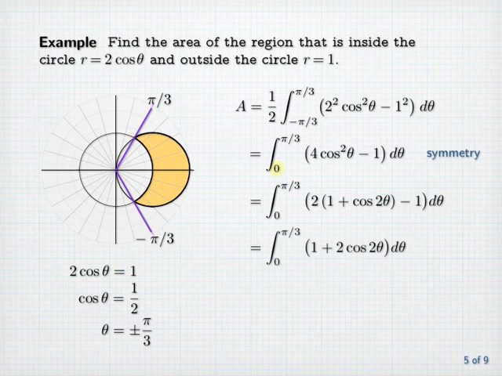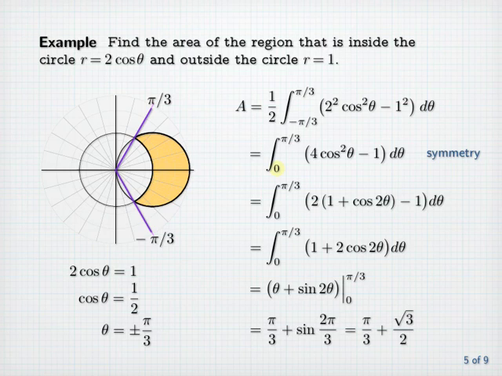Now we antidifferentiate, obtaining theta plus sine of 2 theta evaluated from 0 to pi over 3. Now evaluating at pi over 3, we get pi over 3 plus the sine of 2/3 pi minus 0, which equals pi over 3 plus the square root of 3 over 2.